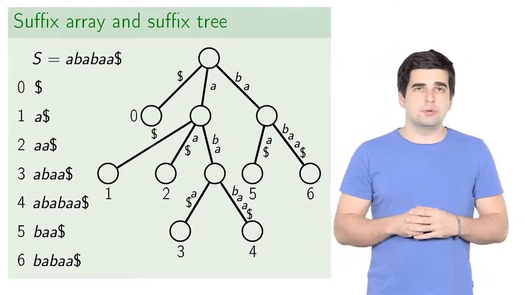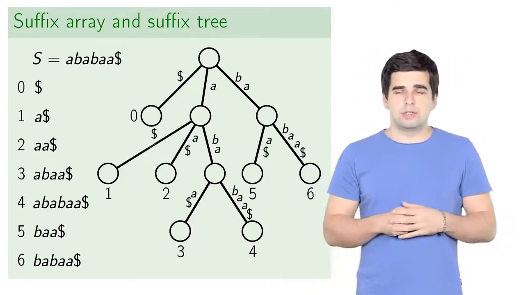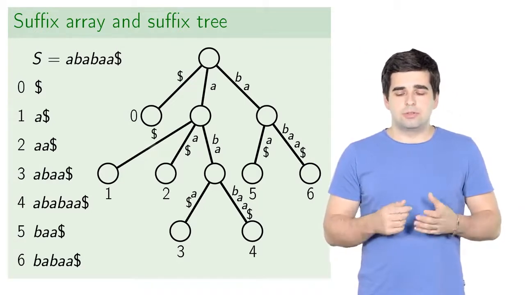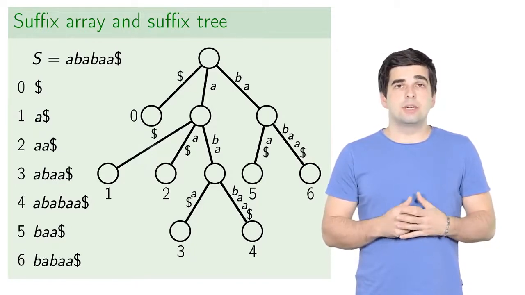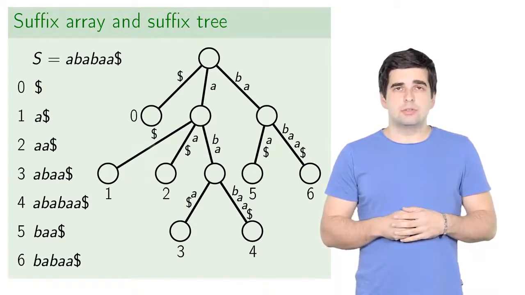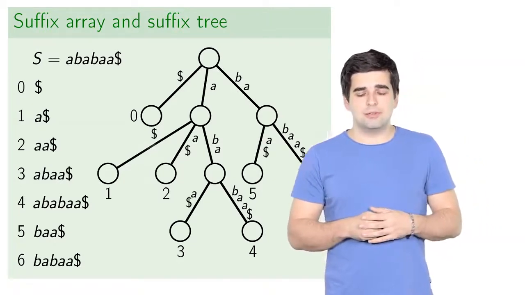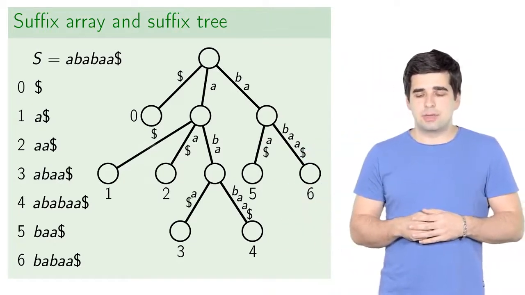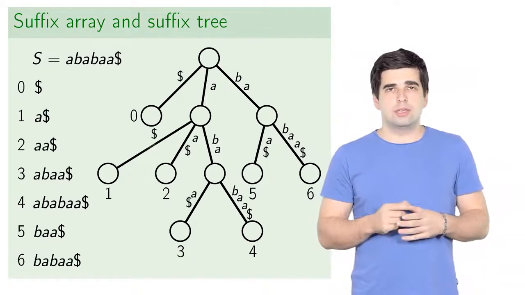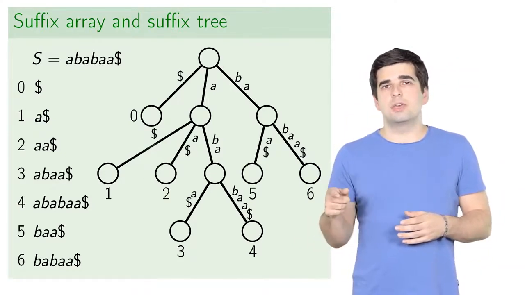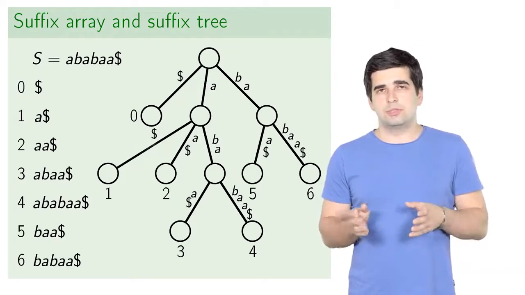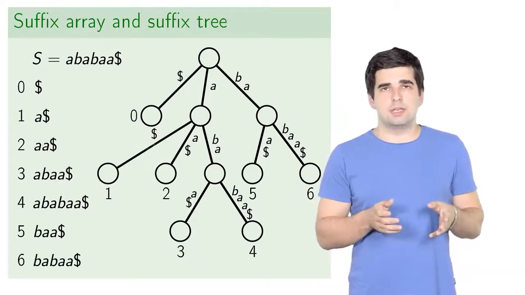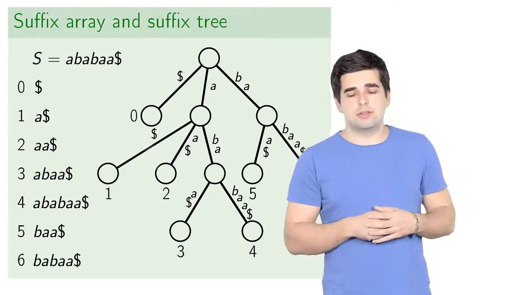And by the way, an interesting question is, how do we store a suffix tree? We shouldn't, of course, store the substrings that are written on the edges directly, because that could lead to quadratic memory usage, and we want linear memory usage. So instead of storing the substrings themselves, we just store the index of the start and index of the end of the corresponding substring. So for each edge we store two indices, start of that edge in the string and end of that edge in the string.